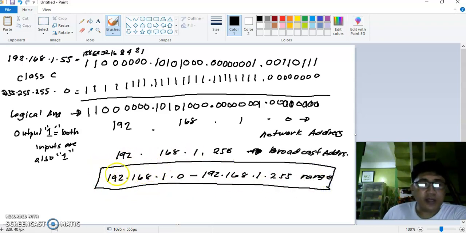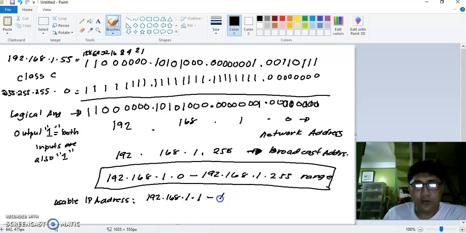But the usable IP addresses are only 192.168.1.1 until 192.168.1.254. This is the only usable IP address range.